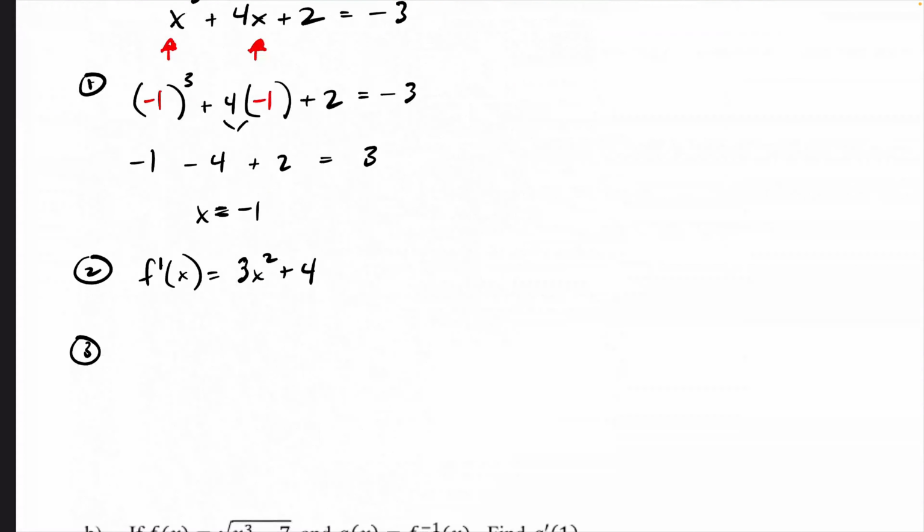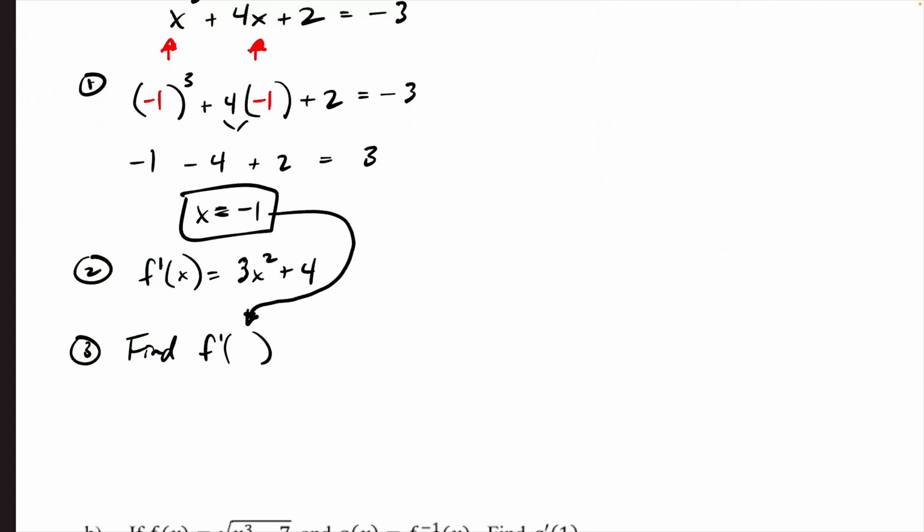So now we have to find f prime of -1. So plug in -1 into the derivative. We get 3 plus 4, which is 7.